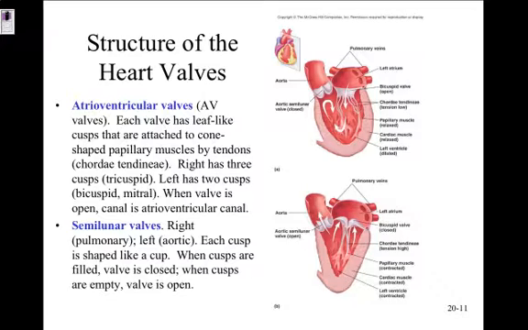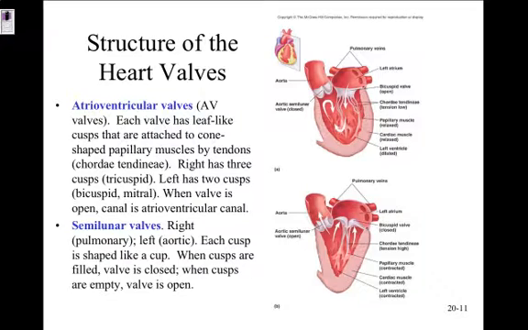Semilunar valves separate the ventricles from the vessels the blood is leaving through. On the right side, since the right ventricle is pumping out to the pulmonary arteries, it's called the pulmonary semilunar valve.